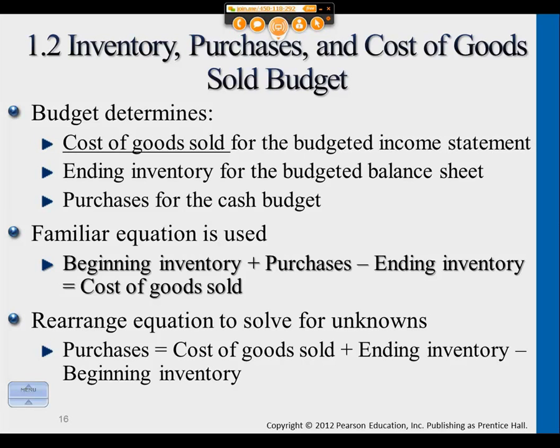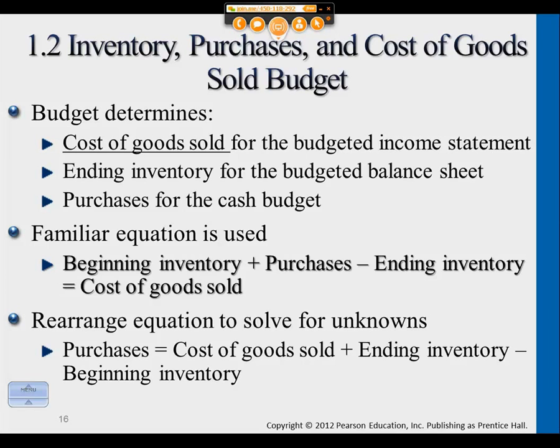It's the same concept, just a new idea. We're just going to call it budget and project all of it. So my purchases equal my cost of goods sold plus ending inventory minus beginning inventory. Here you go, you've got your purchases. Again, it's the same formula, you just rearrange it. So the second one, done.